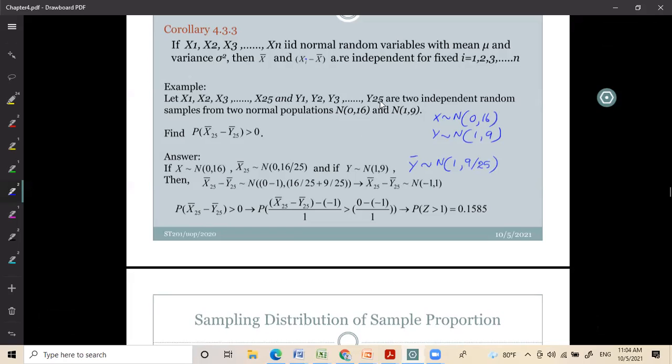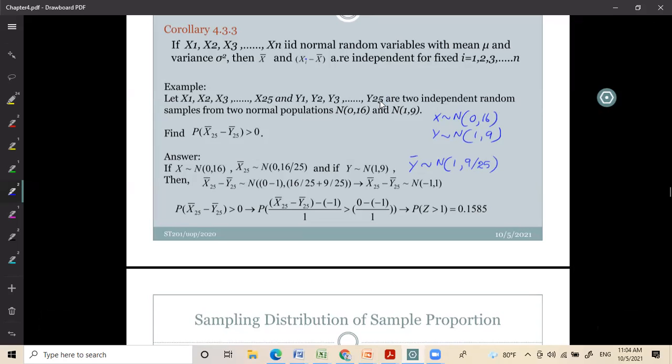And when you add or subtract normal distributions, it will be again normal. Remember this, if you subtract two normal densities, the means will be subtracted. That means you have 0 minus 1. The mean of x bar is 0, the mean of y bar is 1. You subtract 0 minus 1, so your new mean will be negative 1. And when you do the variance, you always add.